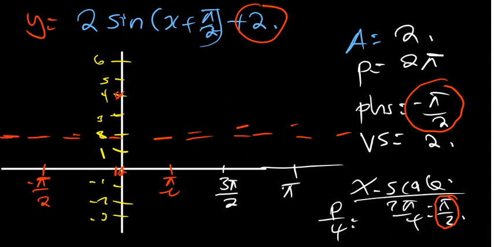Sir, is it not supposed to be 2 pi? Where? The 3 pi over 2 plus pi over 2. The denominators are the same, we add the numerators. Oh, it's 2 pi over 2, 2 pi.